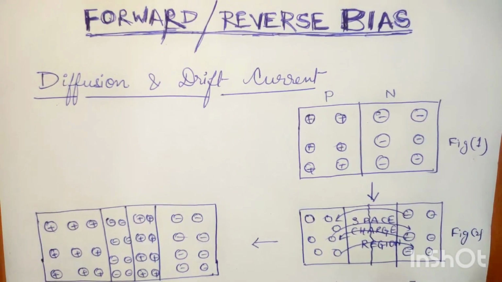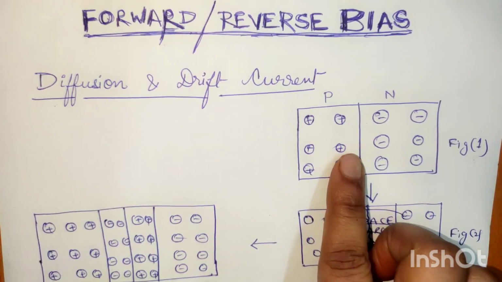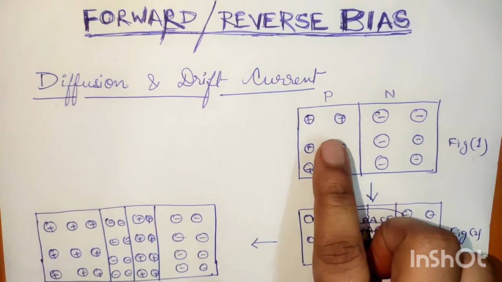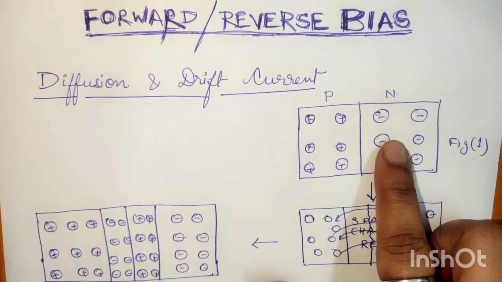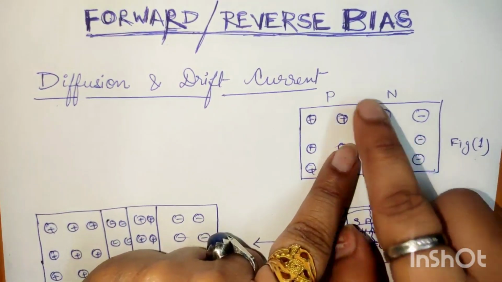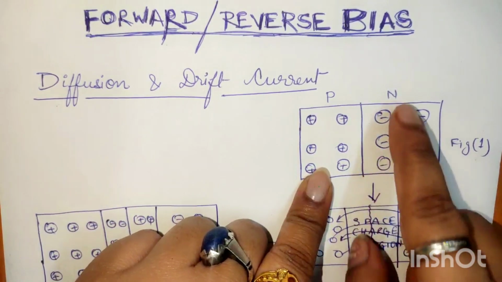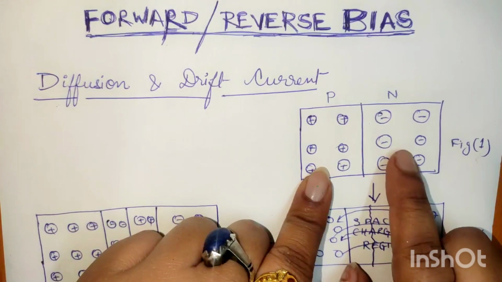So here you can see a diagram which I have made to explain the diffusion and drift current. This is the P region, this is the N region. They have been joined together. This is the junction point. The P region contains all the holes and the N region contains all the electrons.